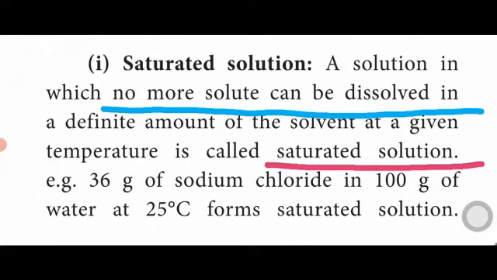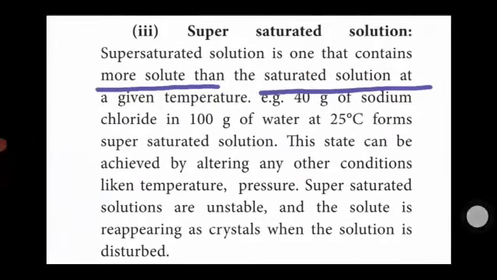This is a saturated solution. Compared to that, a supersaturated solution has more solute particles, an excess compared to saturated. How many grams more? 40 grams of sodium chloride dissolved in 100 grams of water.